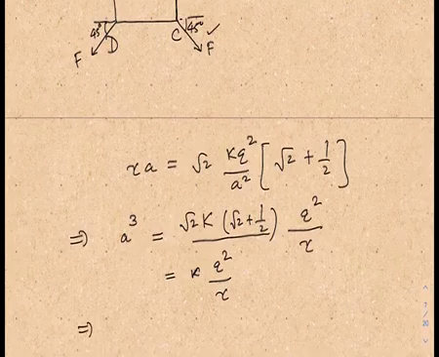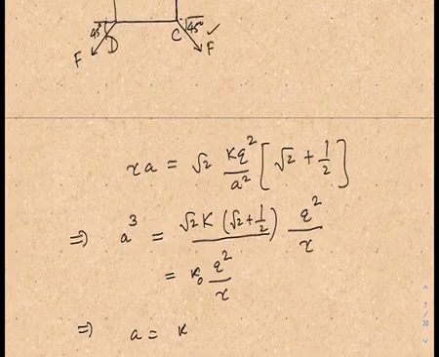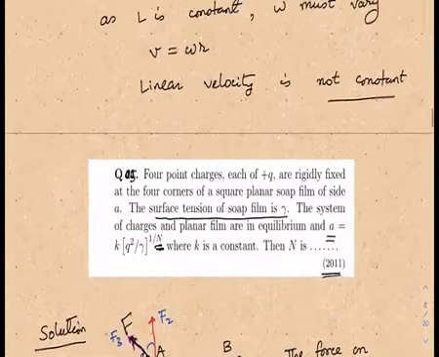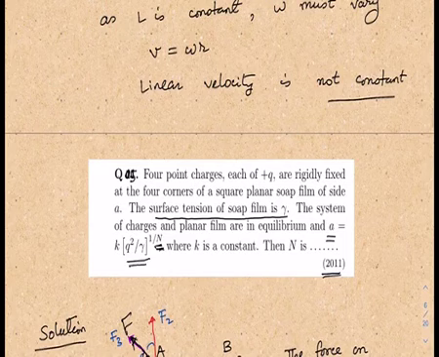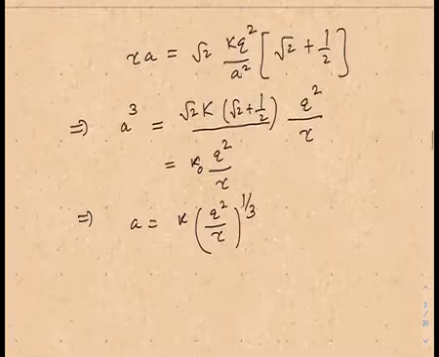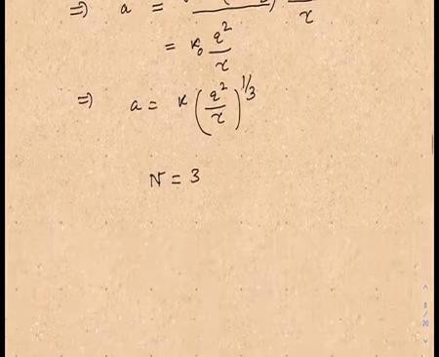Therefore your A is equal to, in the problem, let me say this k0, and then k0 to the power 1 by 3. So that is a constant k, q square by gamma to the power 1 by 3. If you look at the problem here, q square by gamma is some constant, so 1 by 3 we are getting, so n is equal to 3. It's a simple problem. I'm doing it in detail, but some of you can do it within minutes now. n is equal to 3.